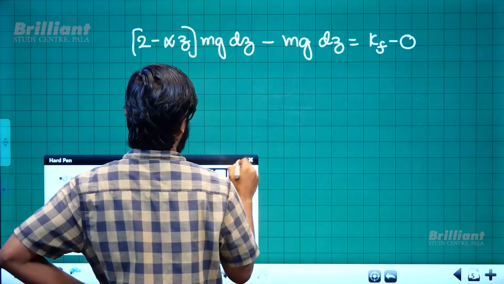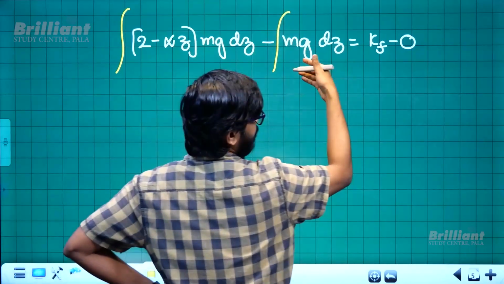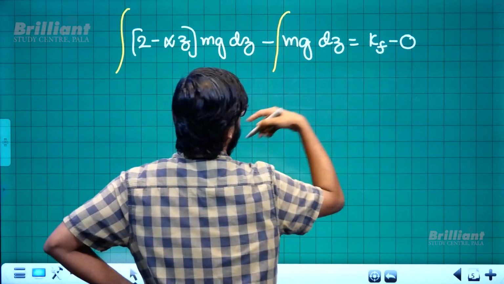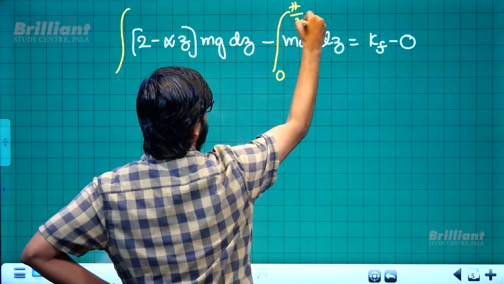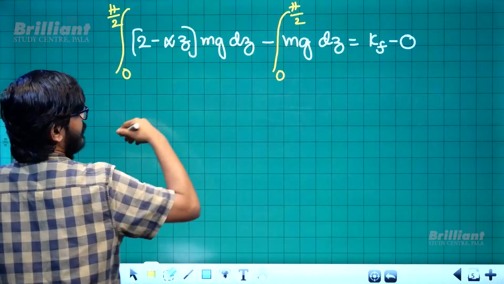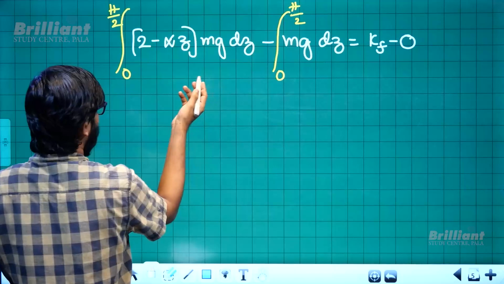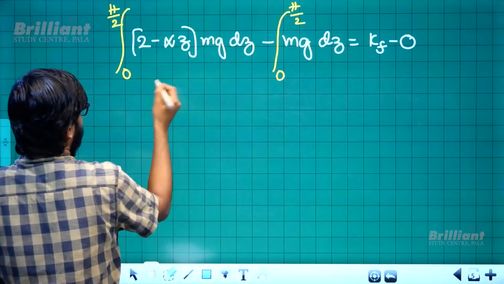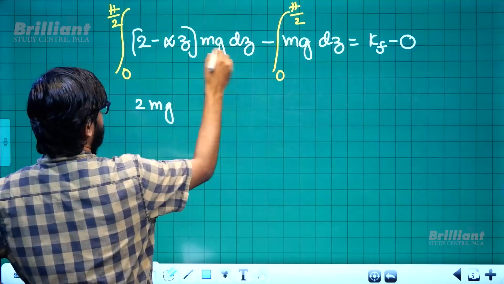Now you need to integrate it from where to where, right? When you integrate it, you will be getting final kinetic energy minus initial kinetic energy. So 0 to h by 2. They are asking what is the speed at h by 2, right? So again, when I integrate it, I will be getting 2 mg dz, integration is z.